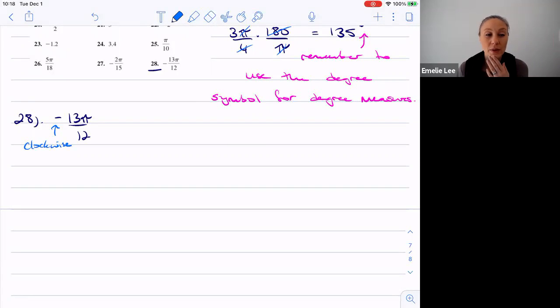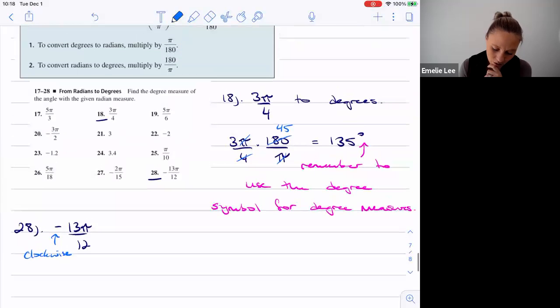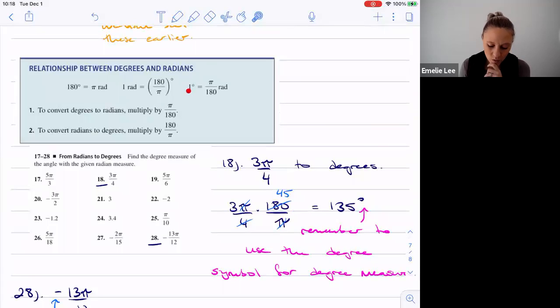So I'm not going to worry about it. All I need to do is say, okay, 1 degree is pi over 180 radians, so going backwards, each radian becomes 180 over pi degrees.